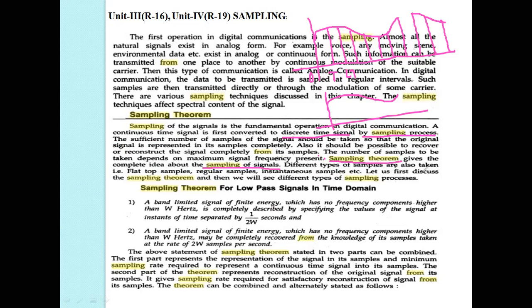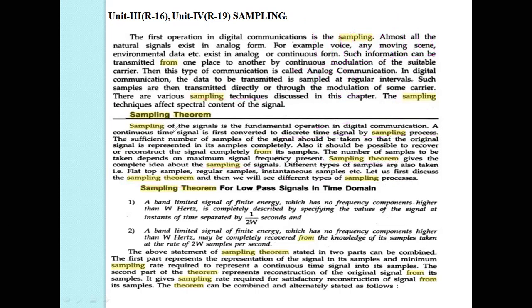Different types of samples are also taken, that is flat top samples, regular samples, instantaneous samples, etc. So there are various sampling techniques. Let us first discuss the sampling theorem, then we go for the different types of sampling process.